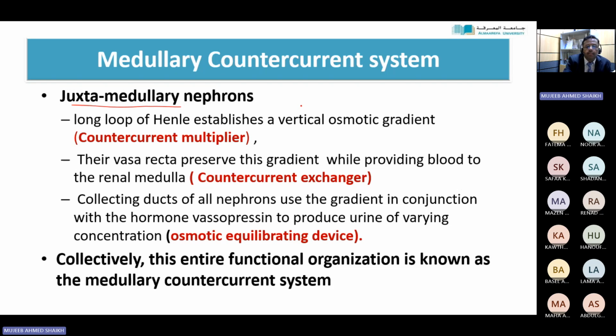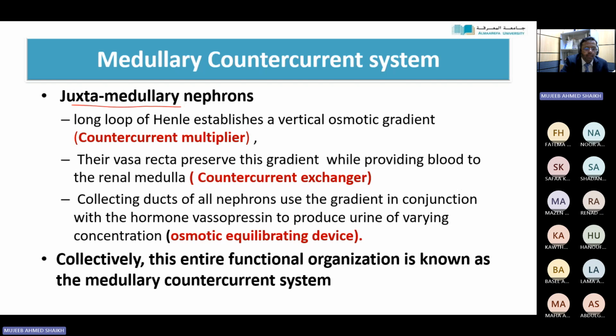The second is the nephron lying in the cortex, not extending into the medulla. All other functions like reabsorption, secretion, or the formation of normal urine are done by the cortical nephron. The juxtamedullary nephrons are meant for the concentrating and diluting mechanism, or regulating the water balance. This is the function of the juxtamedullary nephron.